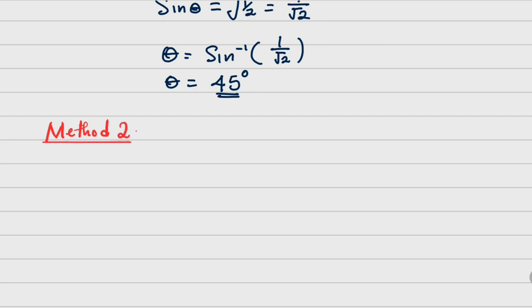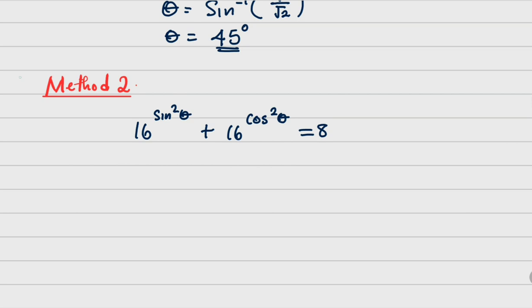Now, in method 2, it is fairly long. Remember, it is 16 raised to power sine square theta plus 16 raised to power cos square theta is equal to 8. What you do in this method is, recall from your trigonometry identities that cos square theta plus sine square theta is equal to 1.